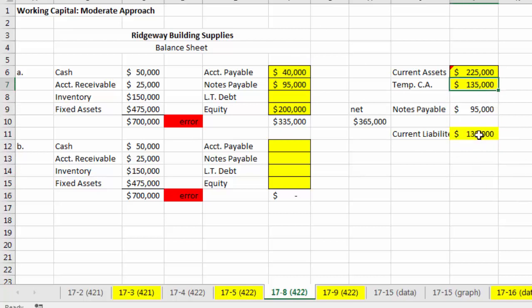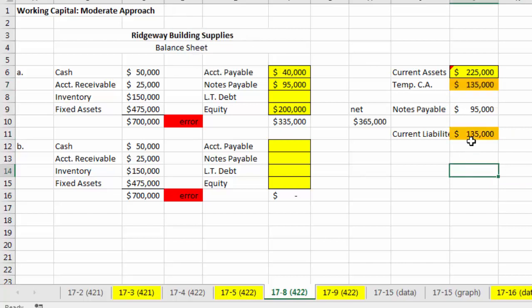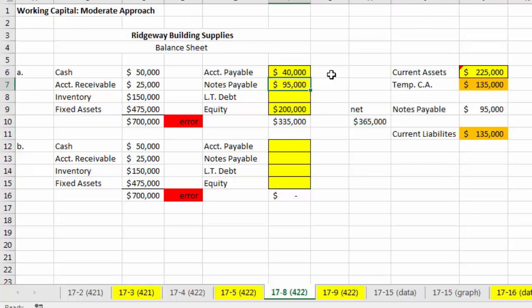Okay, these two values are equal: temporary current assets and current liabilities. Okay, so we're complying with the moderate approach. Now we just need to see what's the net balance between assets and liabilities. It's 365,000, so we're going to have that much in long-term debt, and bada boom, there we go, my balance sheet balances, and everything matches like it should per the moderate approach.